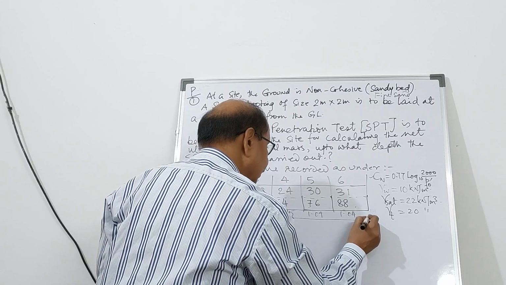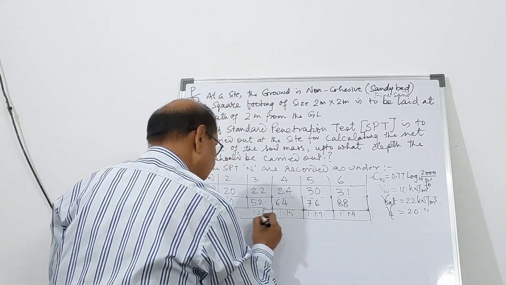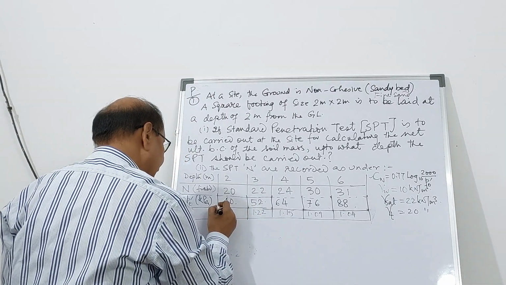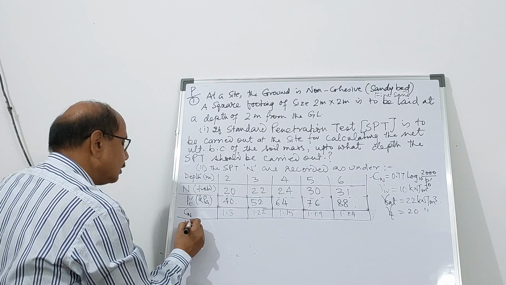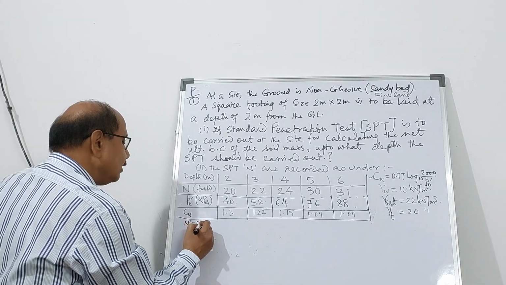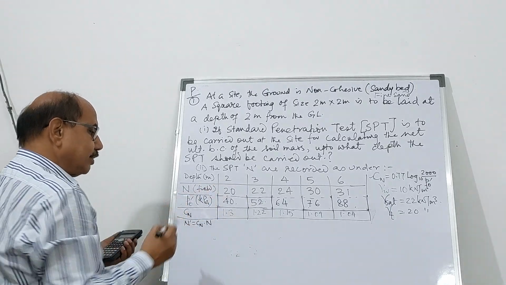Having got this correction factor, now we can calculate the corrected N value, correction due to overburden, that is N prime equal to Cn into N. So N is already known to us.